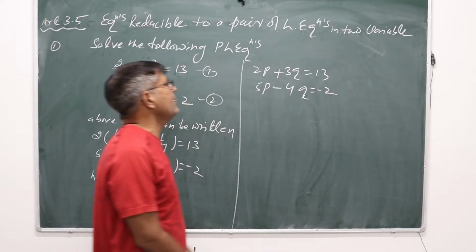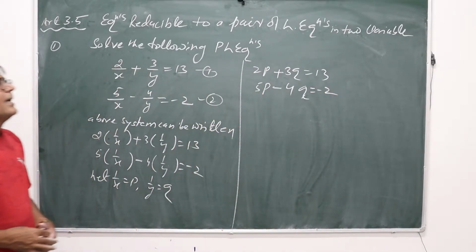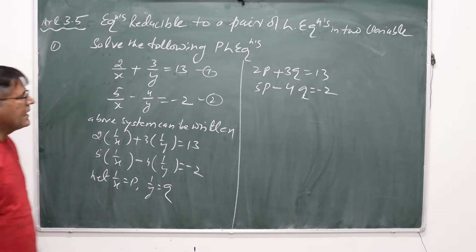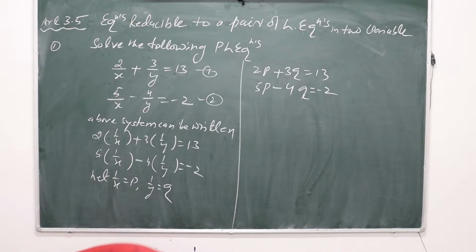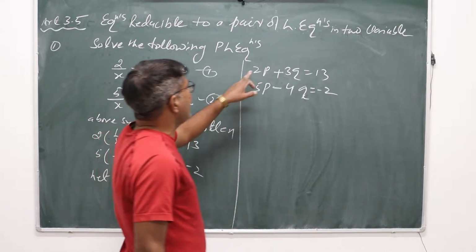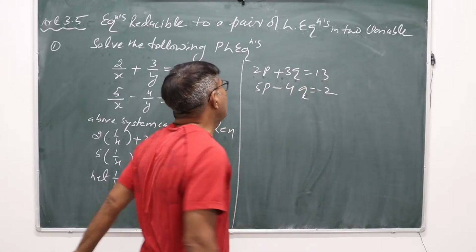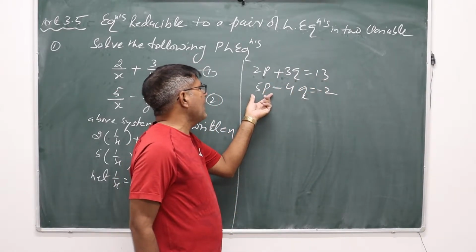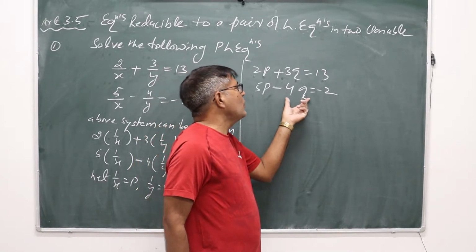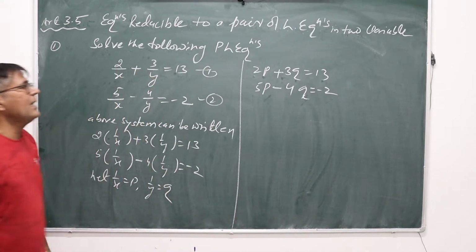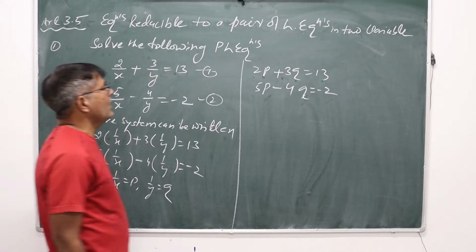Now this system is in standard form, that is ax plus by is equal to c. So let us suppose this one is a1p plus b1q is equal to c1, and this is a2p plus b2q is equal to c2. Then these are the two linear equations in p and q.